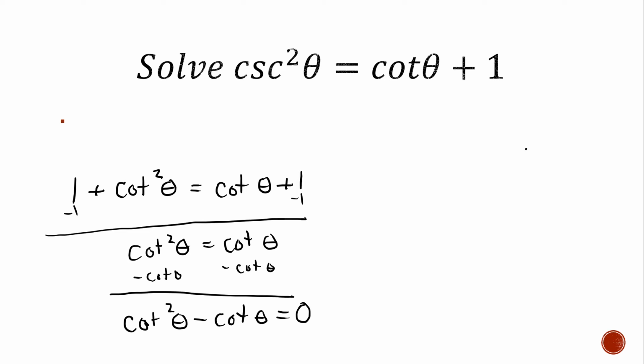Keeping in mind that you have a GCF that you could pull to the front, we want to ask ourselves, what can we pull out to the front of this expression and factor out of both? I know that I can pull out a cotangent theta.